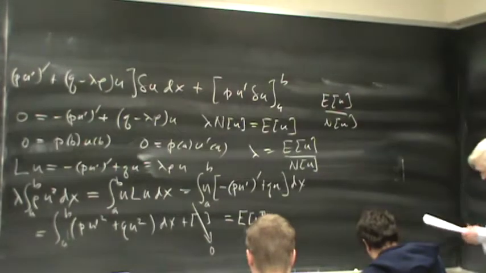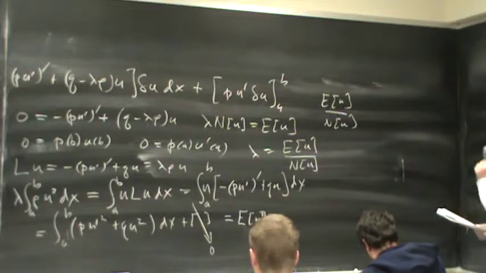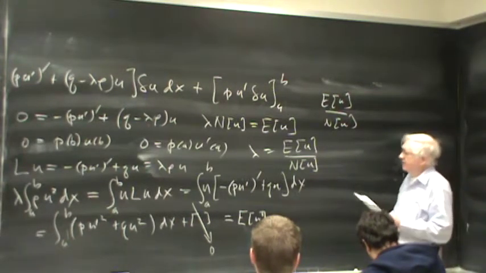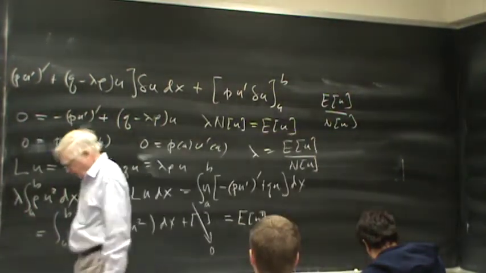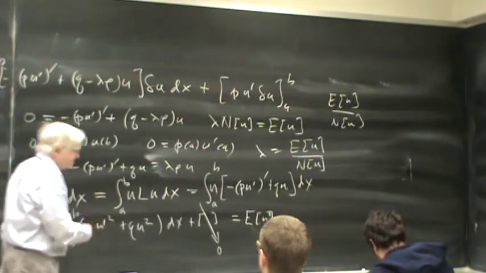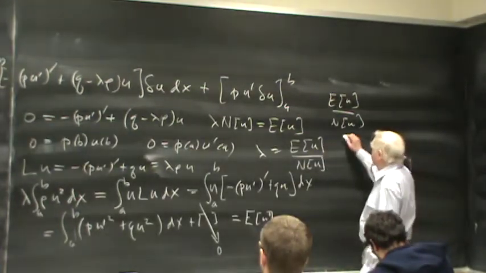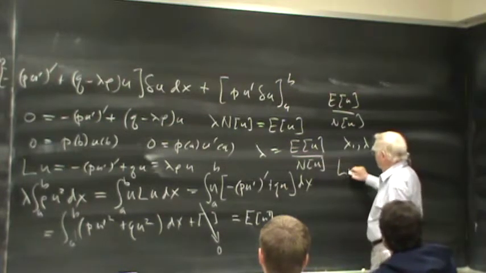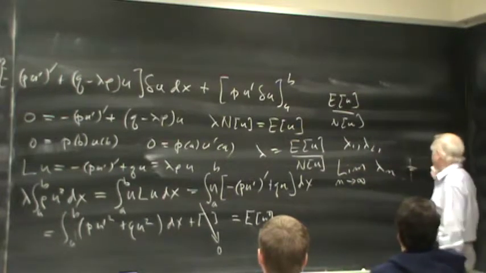All right, so that's basically how this works. And there's something surprising here. If you continue in this way, what you find typically in the Sturm-Liouville problems that occur in physics is that for these lambdas, lambda 1, lambda 2, and so forth, the limit as n goes to infinity of lambda n is infinite.